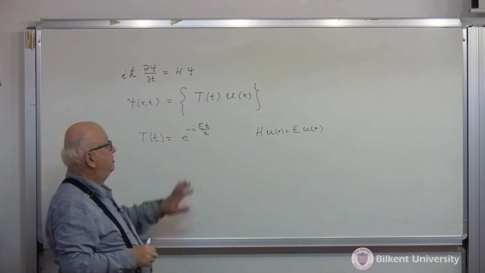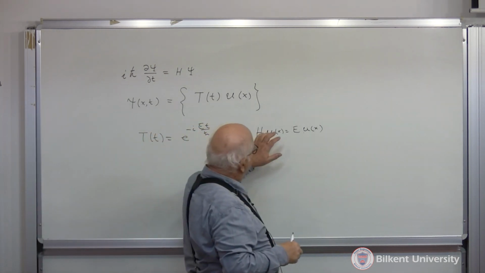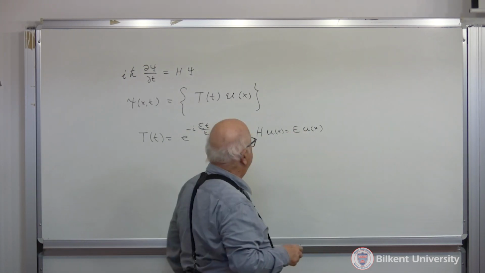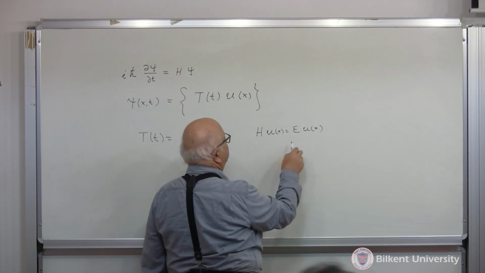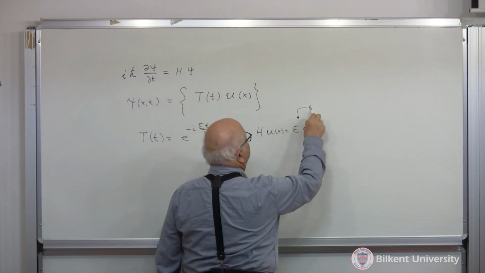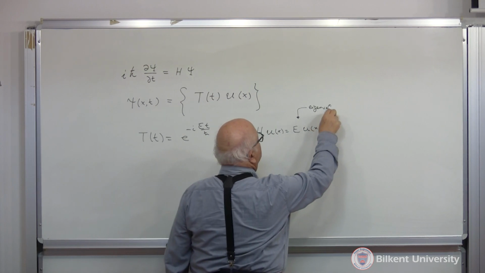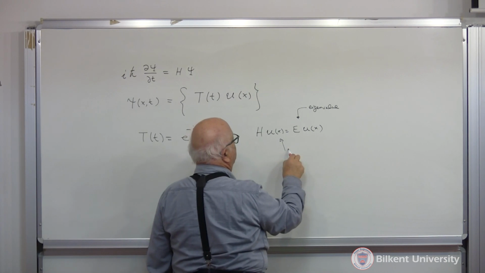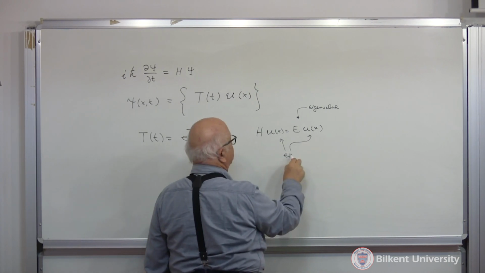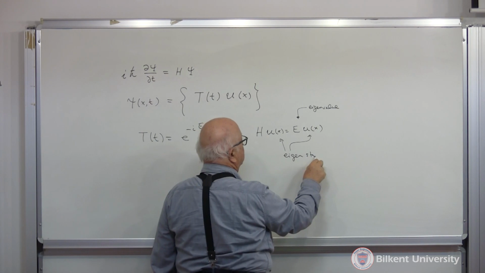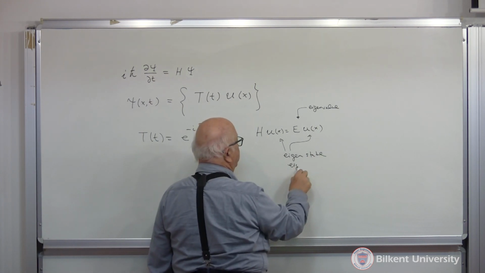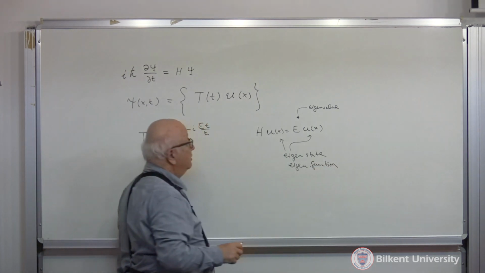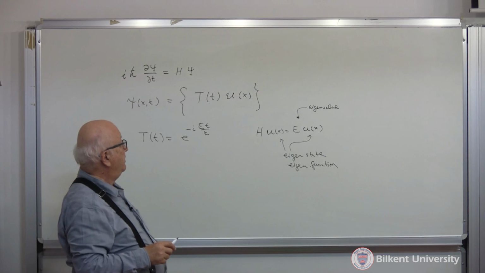Okay, so H is a differential operator. Operating on u gives E times u. And the terminology is that this E is an eigenvalue, and the u itself is an eigenstate or eigenfunction of the H operator. Okay.